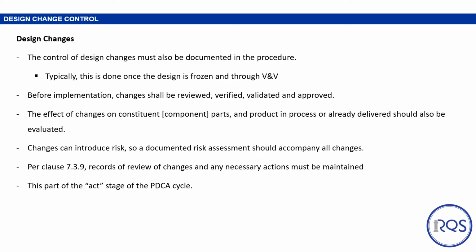The effect of changes on parts and products in process or already delivered should also be evaluated. Changes can introduce risk, so a documented risk assessment shall accompany all changes. Per Clause 7.3.9, records of review of changes and any necessary actions must be maintained. This is a part of the Act stage of the PDCA cycle.